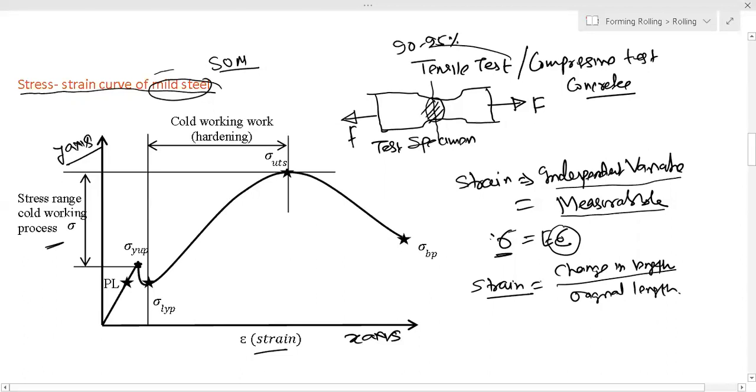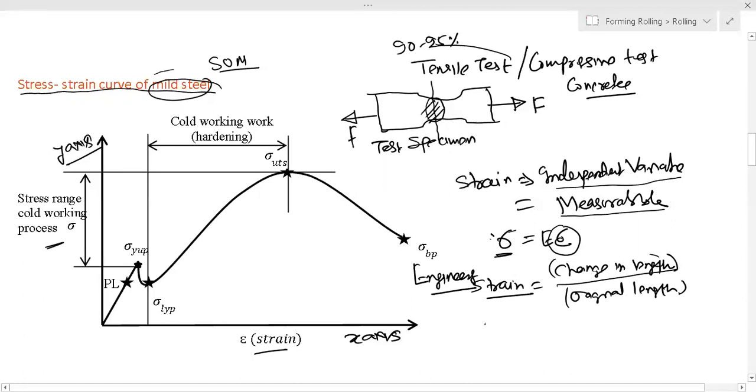Again, strains are of various types. It may be engineering strain, or true strain, or Green strain. Here we are talking about engineering strain, where the elongation is very small compared to the original length.